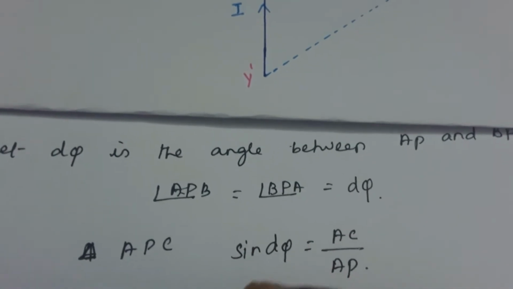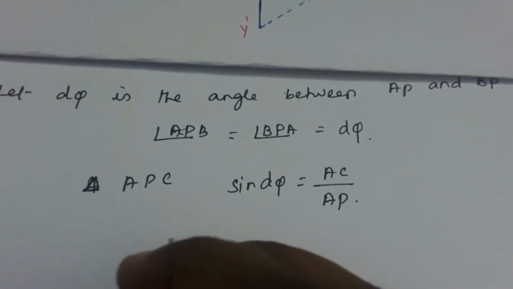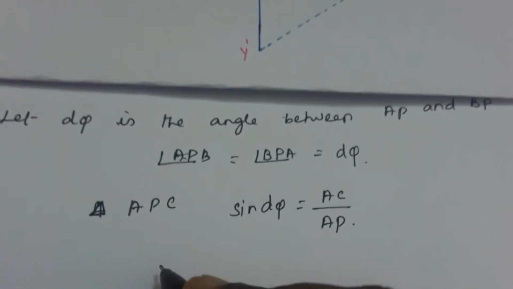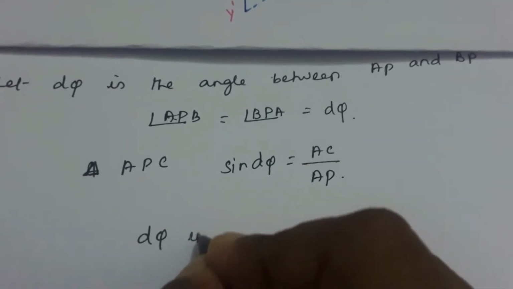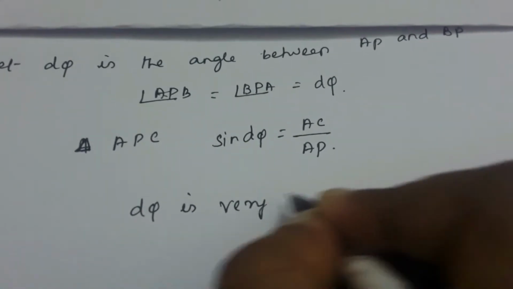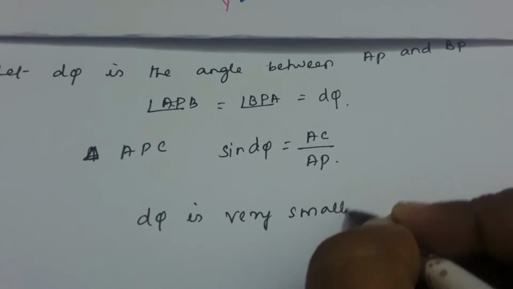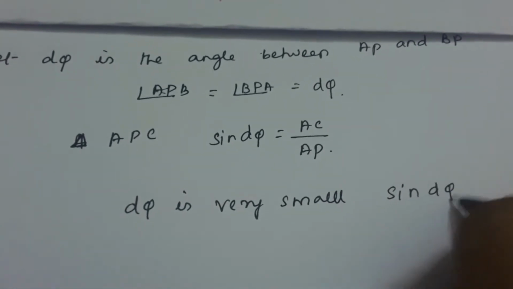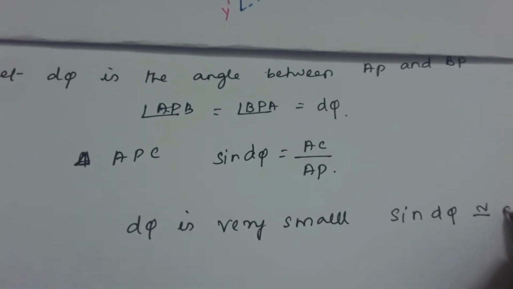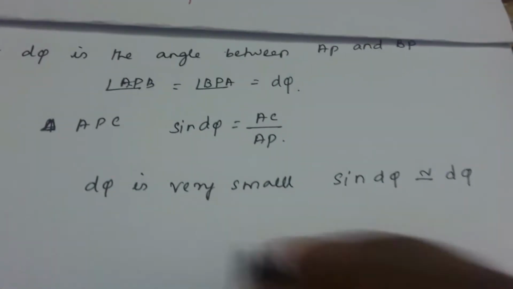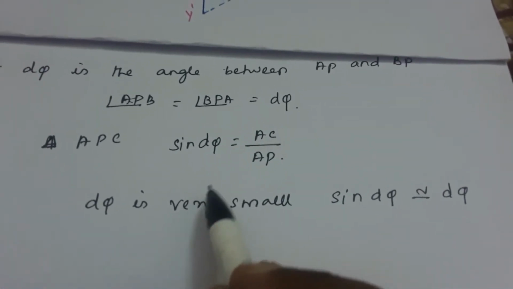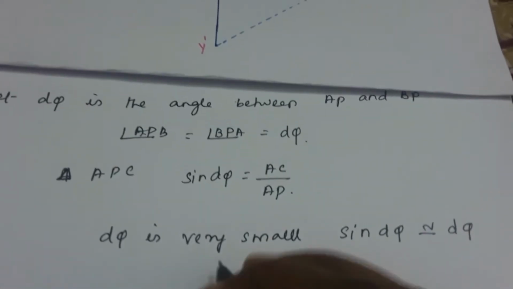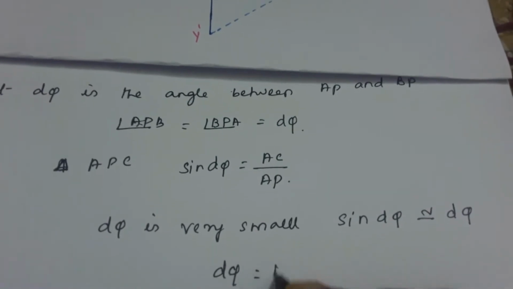Now, d phi is very small. So sin d phi can be approximated as only d phi. So this equation can be rewritten as d phi is equal to AC by AP.